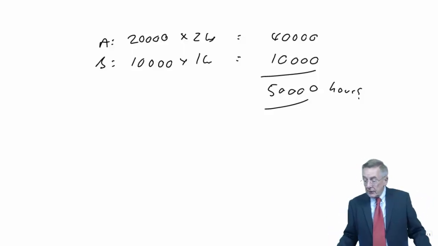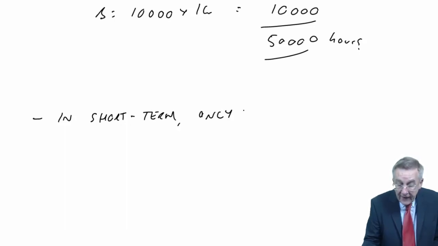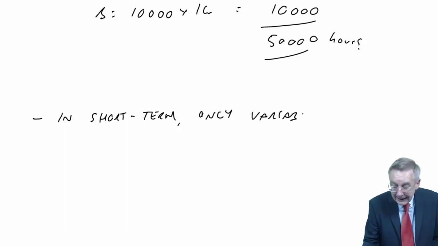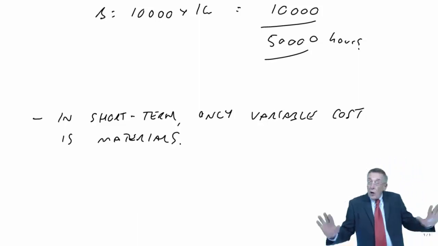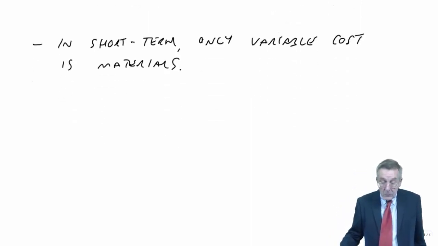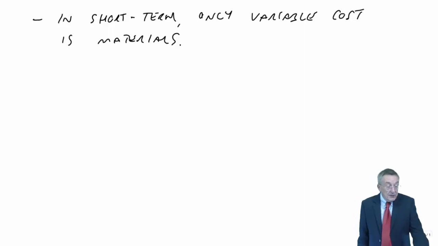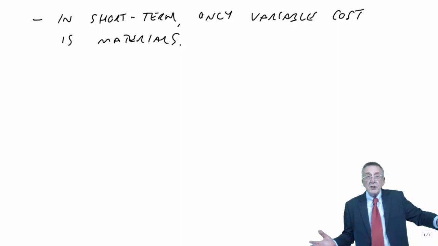And so that's the underlying assumption behind throughput, that in the short term, the only variable cost is materials. All other costs, we assume in the short term, are fixed. And as a result, think about it. You see, product A, we've yet to decide on our production plan.